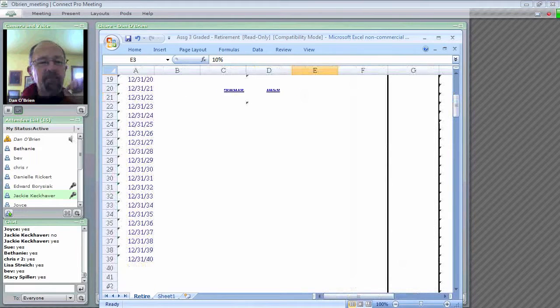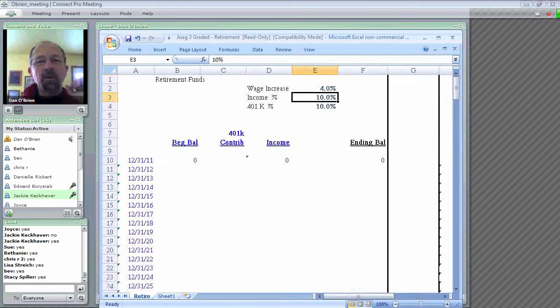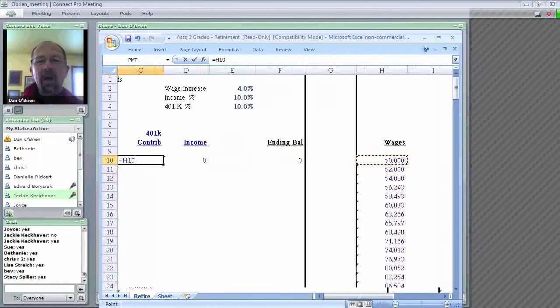Now, I set this up for, I think, 30 years. And so that's what I'm expecting you to do. In here, 401k percentage, it is going to be a formula: my wages, and then times my 401k percentage.